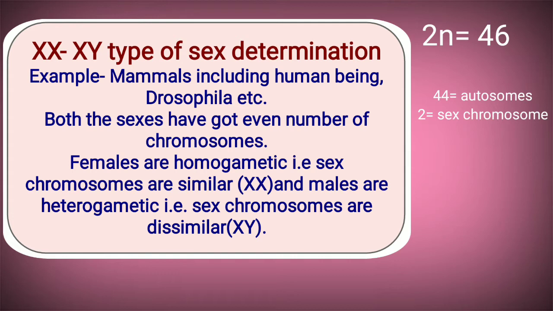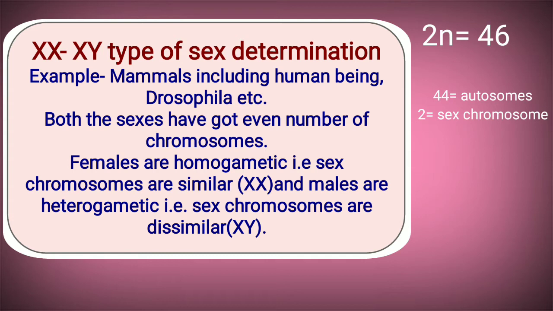In this type, the females are called homogametic, and this condition, homogametic, is when the sex chromosomes are similar. For example, in the female human being, the sex chromosomes are called XX. And when the sex chromosomes segregate while forming the gametes, all the gametes will be alike.